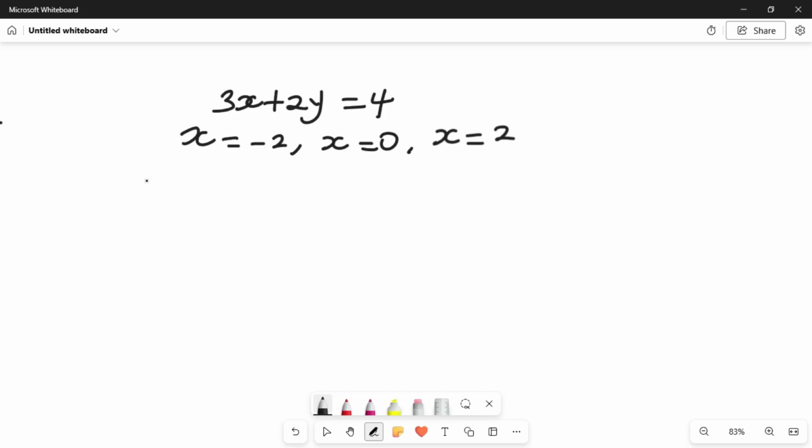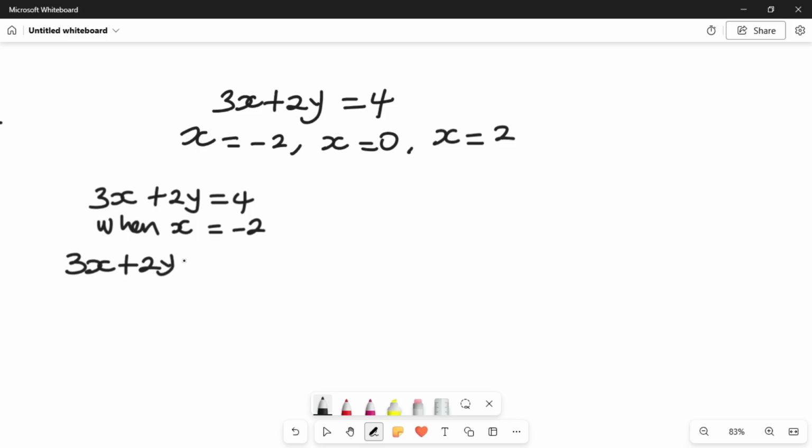So from the first one, we have 3x + 2y = 4. So when x = -2, what's the value of our y? We substitute this value into the equation. So we have 3x + 2y = 4, then 3(-2) + 2y = 4.